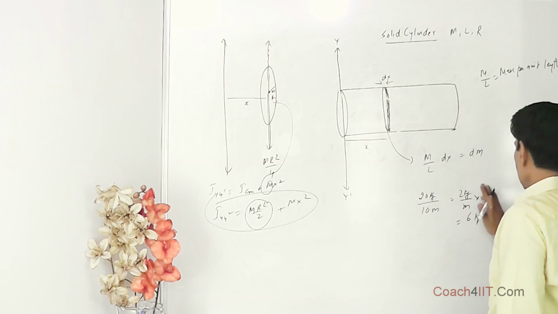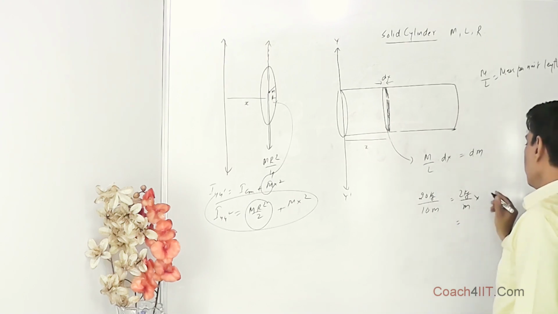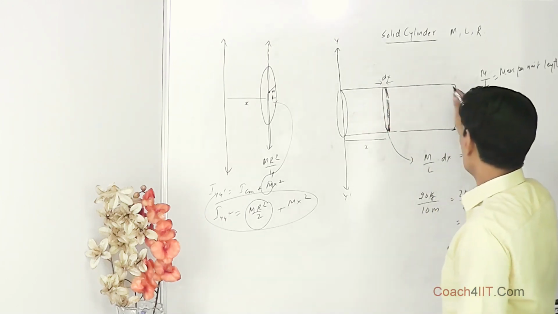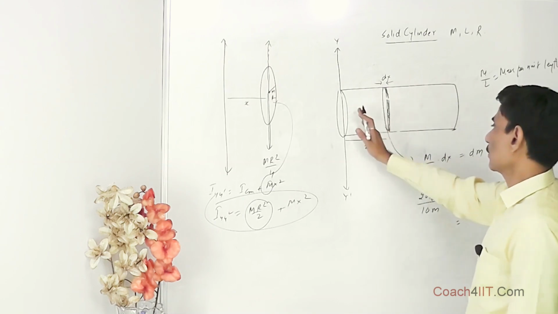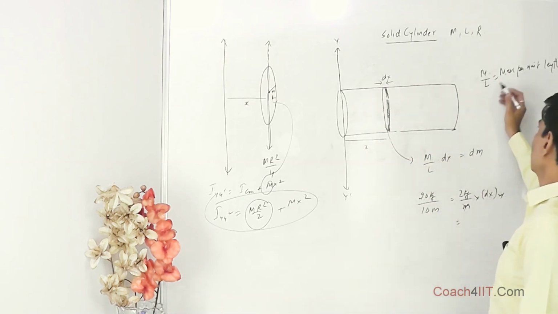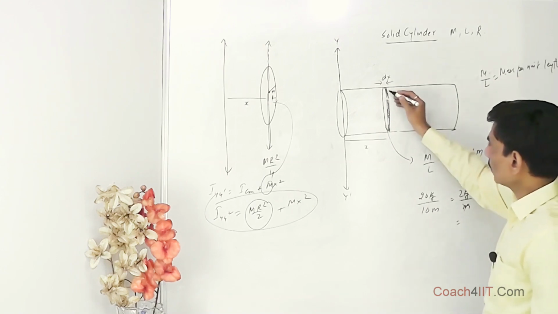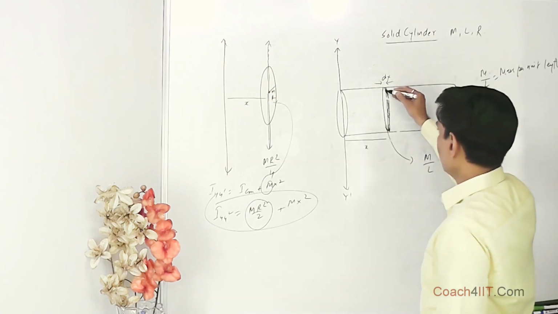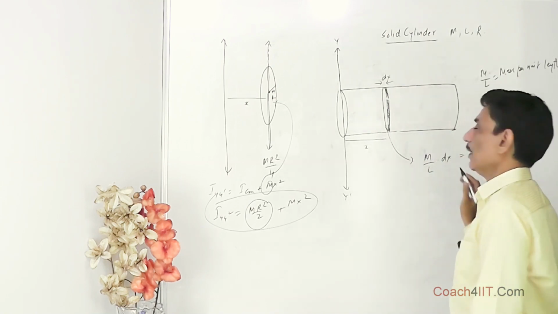If it is dx meter, we get 2 into dx. Similarly over here, if the total mass is m distributed uniformly over a length L, then m by L is mass per length, and for this thickness it is m by L dx. So the mass of this disc is m by L dx.